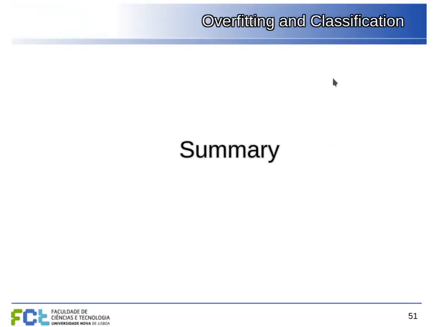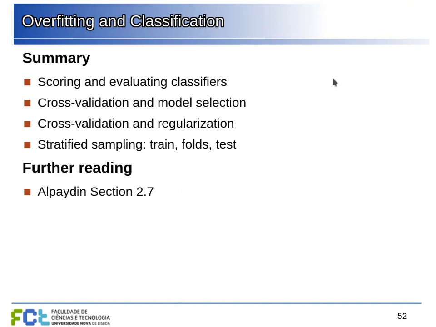Okay, so to sum up for this lecture, we saw different ways of scoring, evaluating classifiers. So general ways like precision, recall, accuracy, the ROC curve, and so on, that you can apply to all classifiers, or some more specific ways.